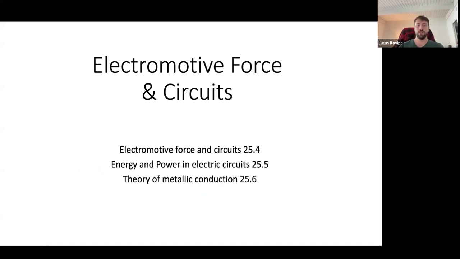And so you will see that we're still going to use the concept of electrical current and resistance and apply them to more practical circuits. So do you have any questions on electric current and resistor before we move on to this new chapter? I guess it's not a new chapter, it's just the rest of the same 25 chapter textbook.